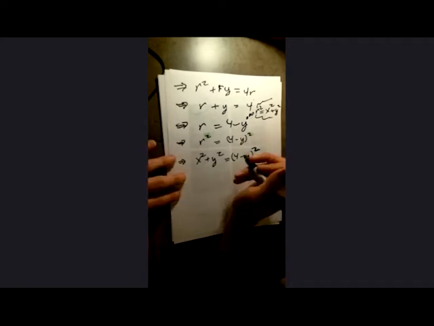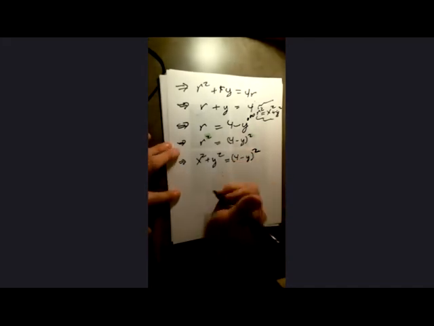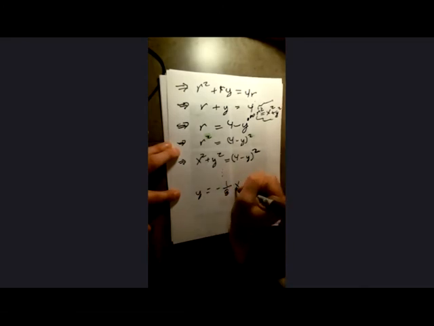At this stage, if we wanted to, we could work through it and solve for Y. And at the end of the day, you end up with Y equals negative 1 over 8 X squared plus 2. The work in here is just algebra.